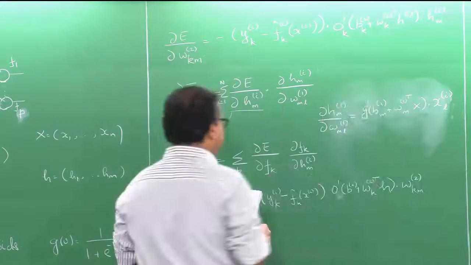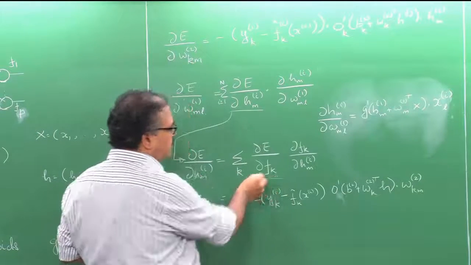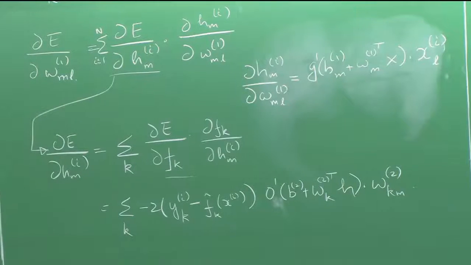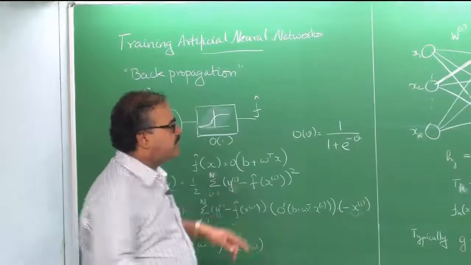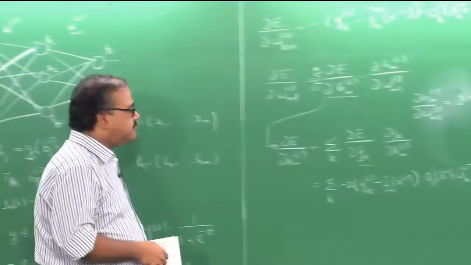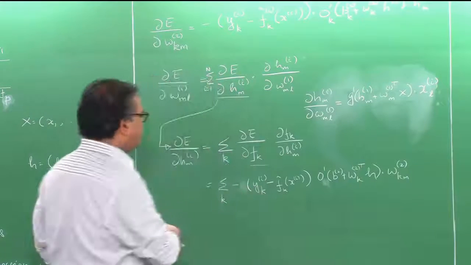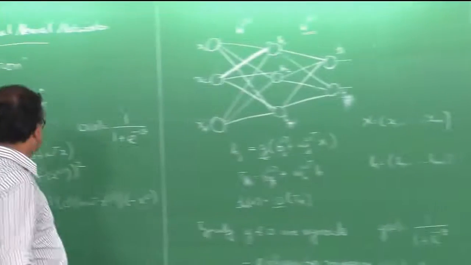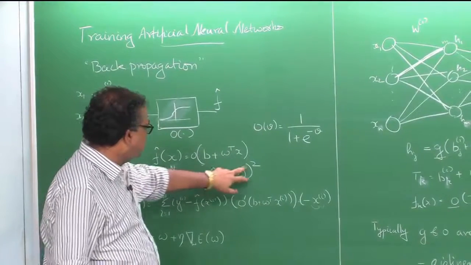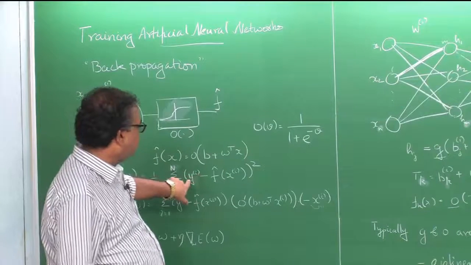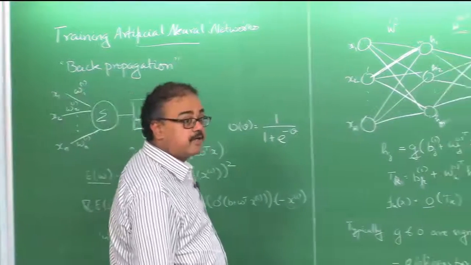So, we can easily evaluate the derivative. The derivative of the error with respect to f_k: going from this expression, it is going to be the negative of y_i minus f hat_k(x_i), because we are taking the derivative with respect to f_k here.